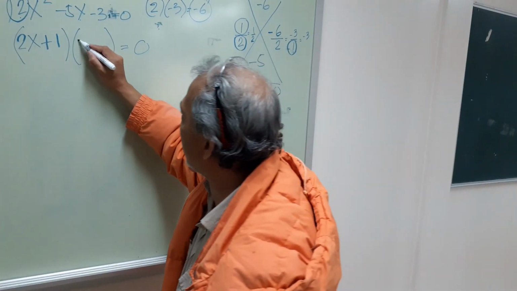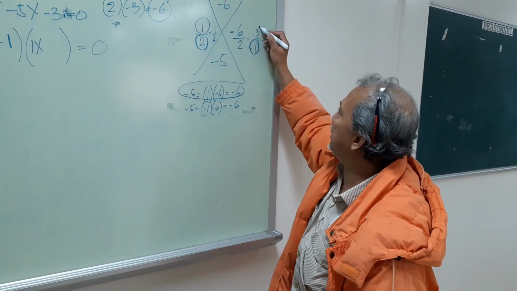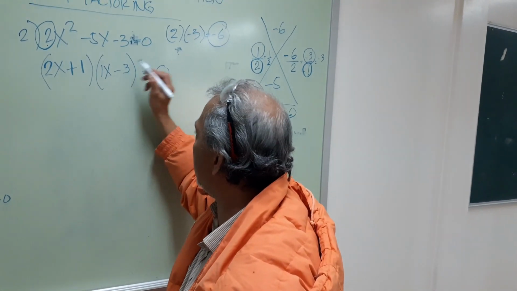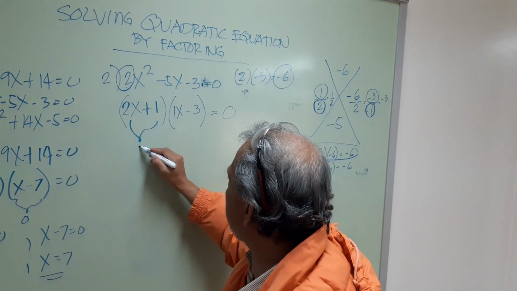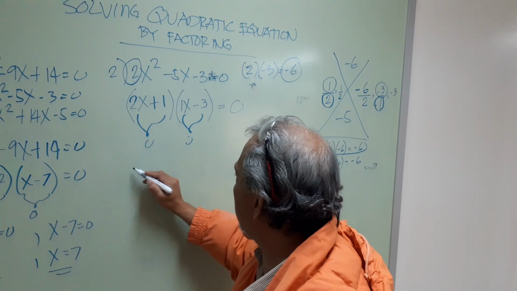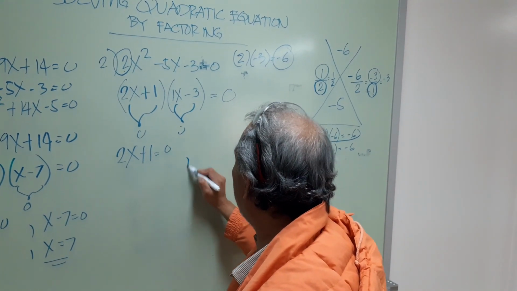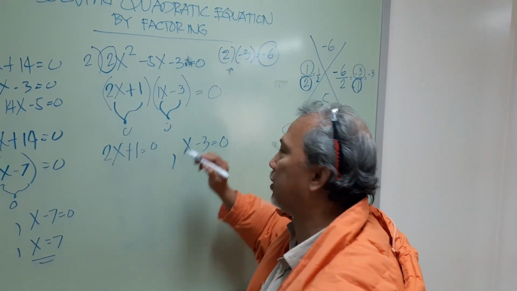So 1x. And your numerator, which is negative 3, is your constant. Negative 3. Okay? Now, let's equate this to 0. So 2x plus 1 is equal to 0. And x minus 3 is equal to 0.